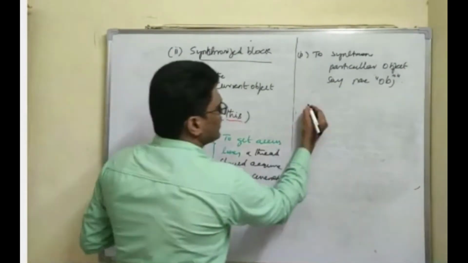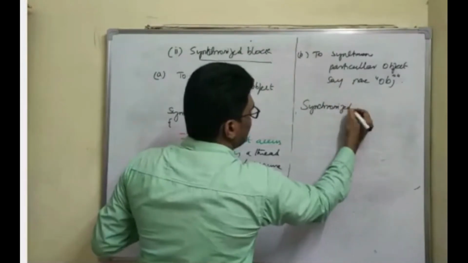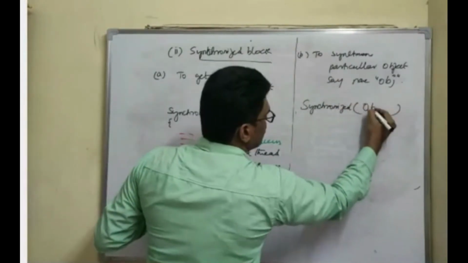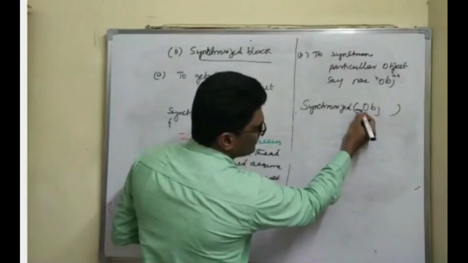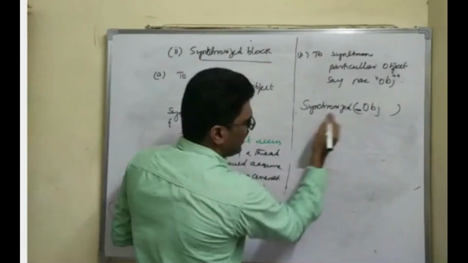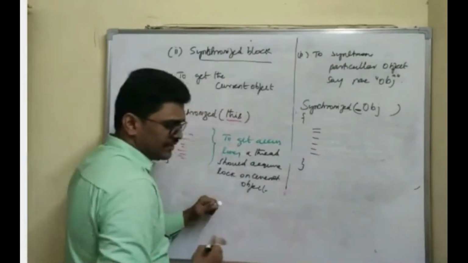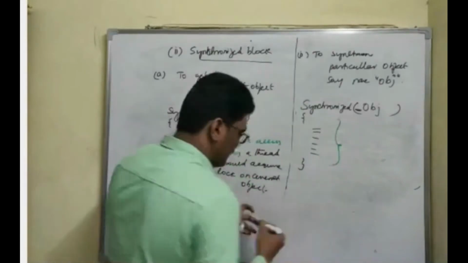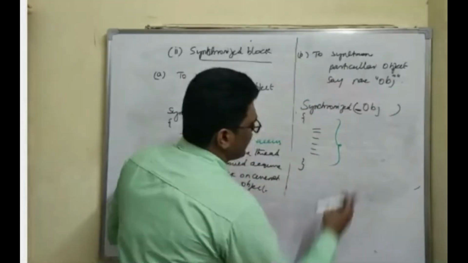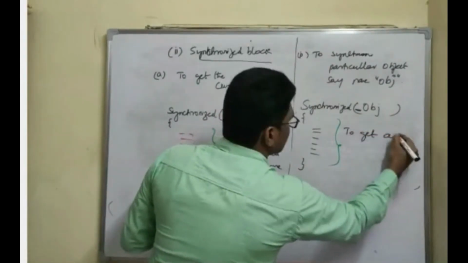So now what I will do is synchronize, and here I have to specify the object name. I am simply writing the object name. So now these are the lines which are getting synchronized.